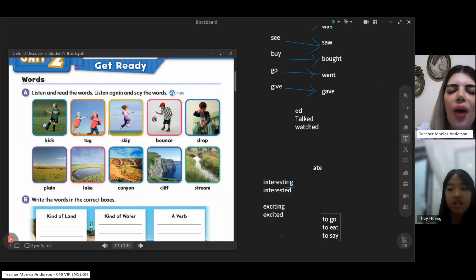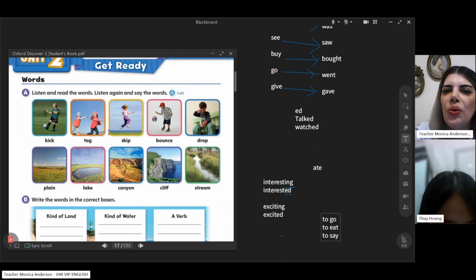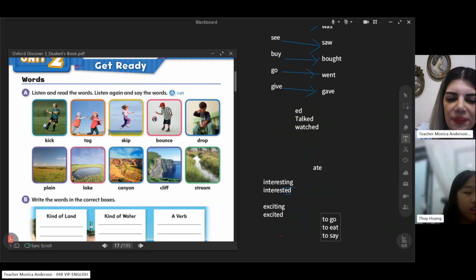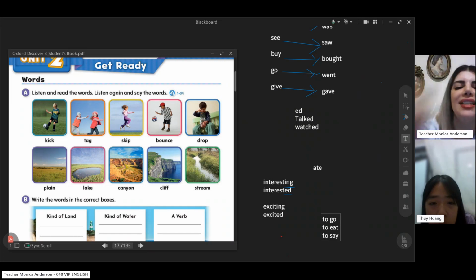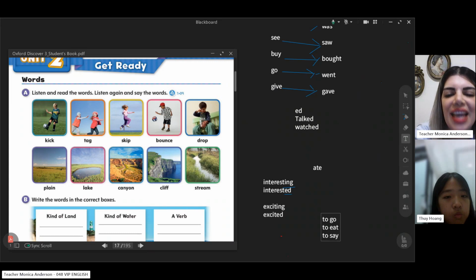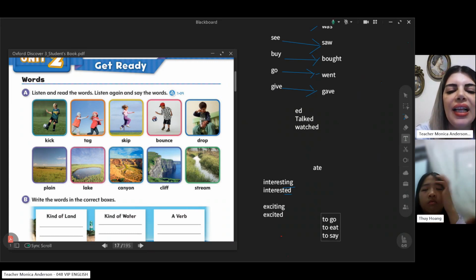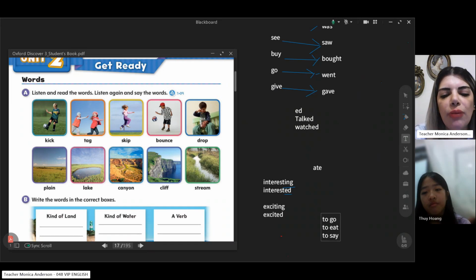Okay, and another one, skip. Do you know the meaning of this word skip? No. Okay, as you can see from the picture, it's something like bouncing, going up and down.